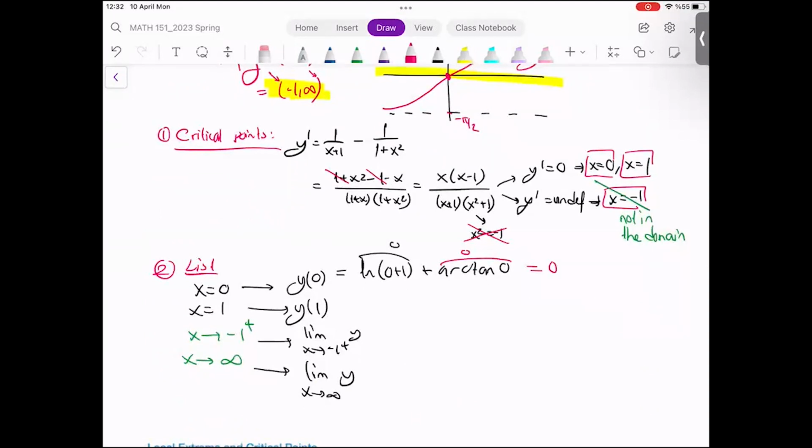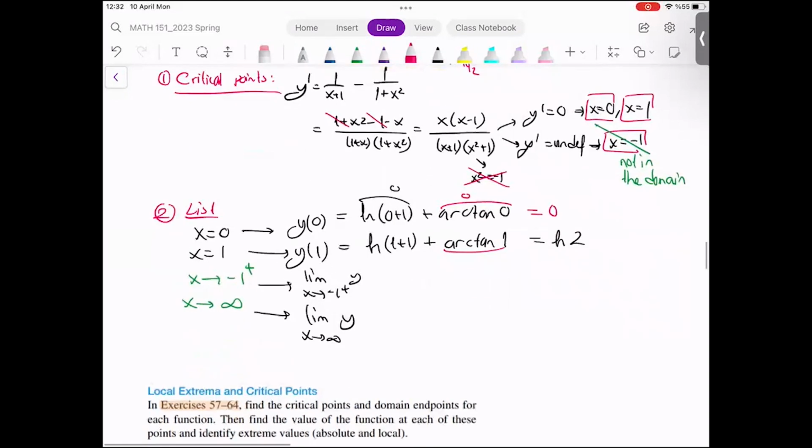Okay? y of 1: ln 2 plus arctangent 1. What is arctangent 1? Tell me an angle whose tangent value is 1. You can read arctangent values like that. Guess the angle whose tangent is 1. 45 degrees, right? So this is pi over 4. You can read arctangent values like this.